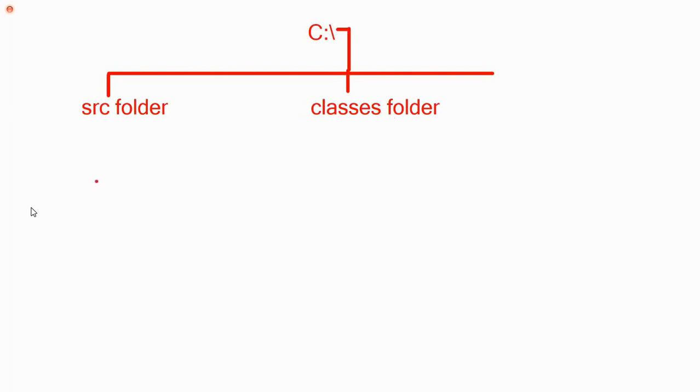All .java files go here, all .class files go here. We keep class files and .java files separate. Reason: while developing a web application, you have to copy your .class files to the server. If you keep them separate, only the .class files you can deploy. If .java is also deployed, other people can see your code.